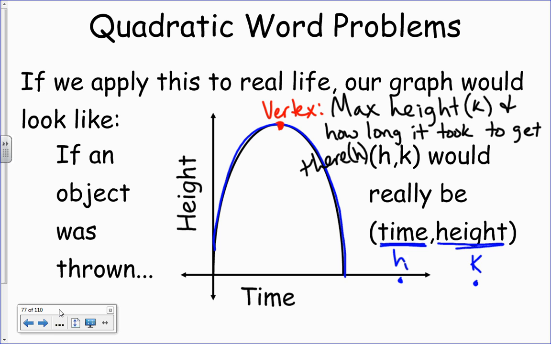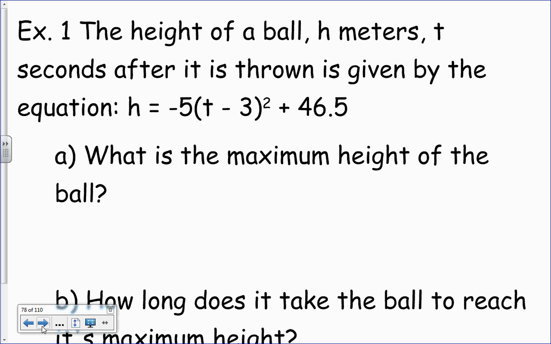Okay? So h is how long it takes to get there, k is the height, because the h's are the time values or the x values, and the k's are the height values or the y values. Okay? So, if we go down here to this first example, just remember that h is your time and k is your height when you're talking about h and k in the formula.